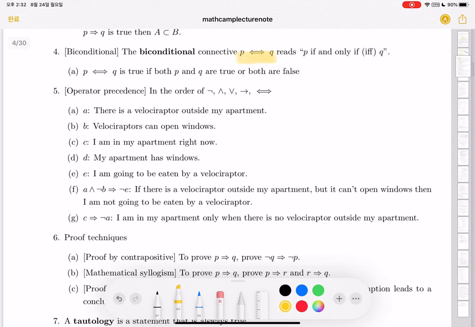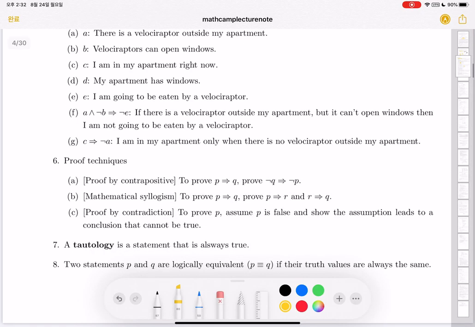You sometimes will be asked to prove some mathematical statements, and there are 3 methods of proof. First, proof by contrapositive.